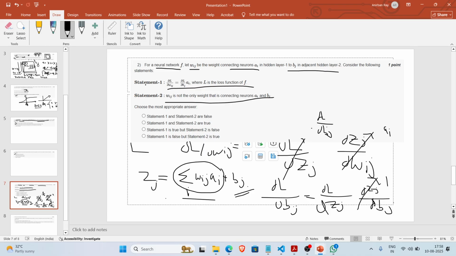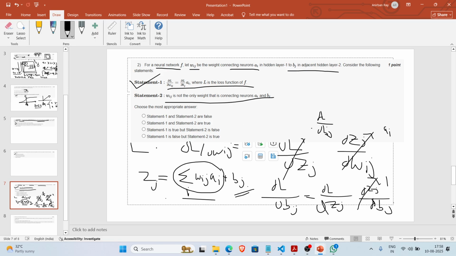Okay, this one is correct. The other one, with Wij, is wrong. Wij exactly represents the weight which connects neuron Ai and Bj. No doubt, right?